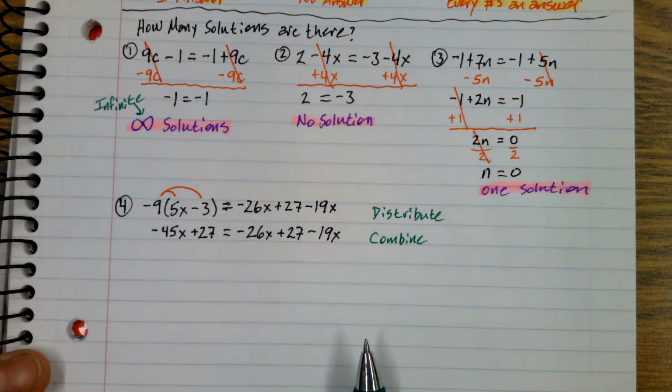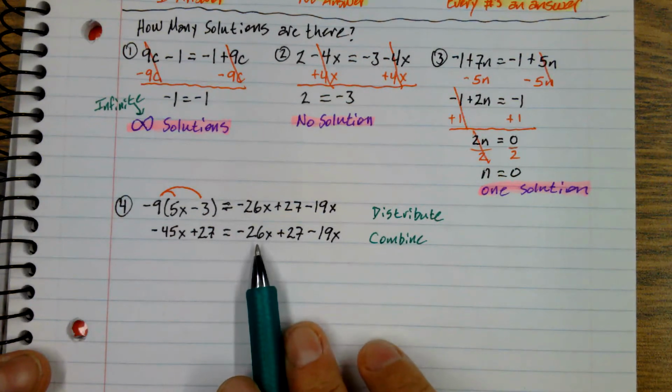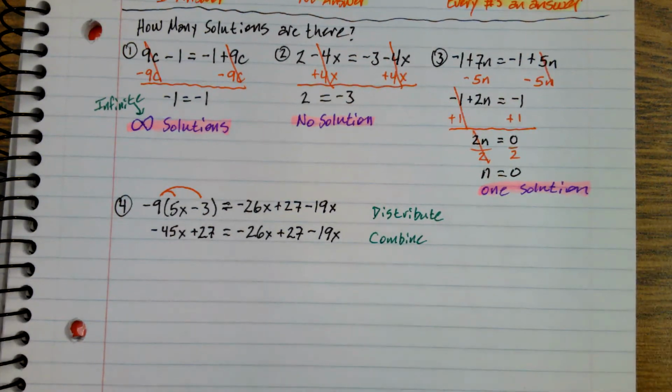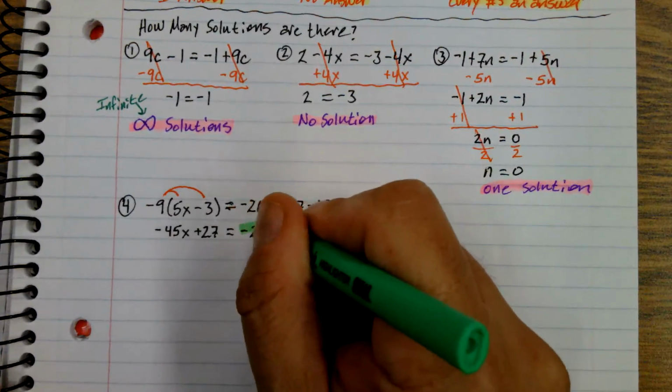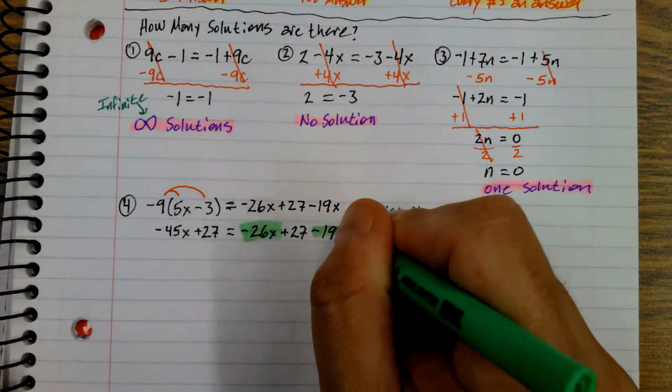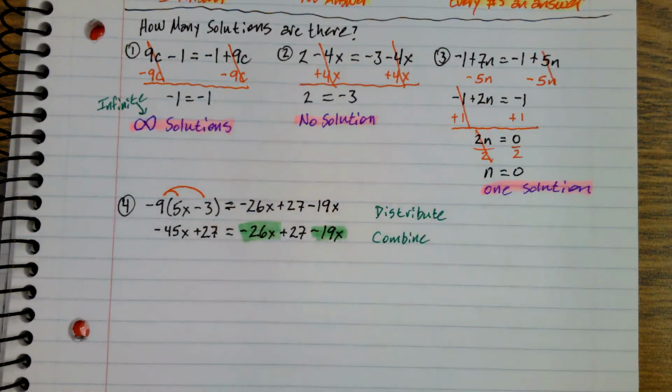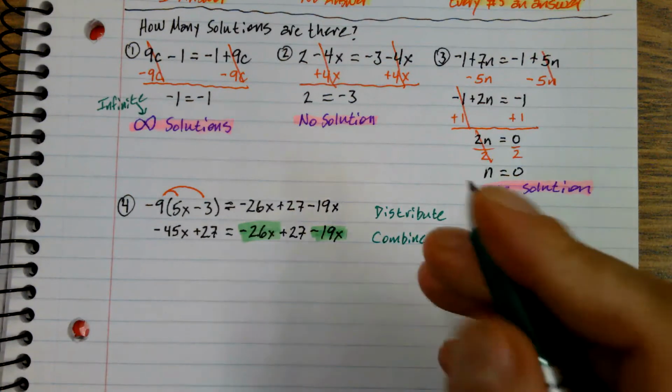What can I combine? I'll highlight the ones I can combine: -26x and -19x. I can combine those.